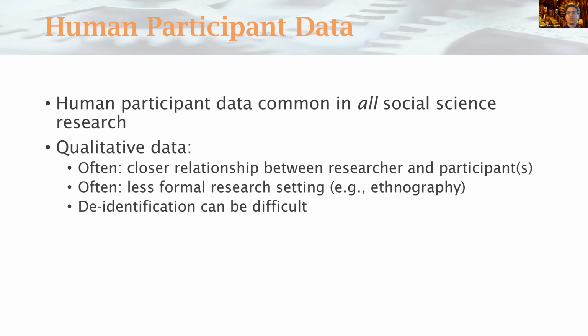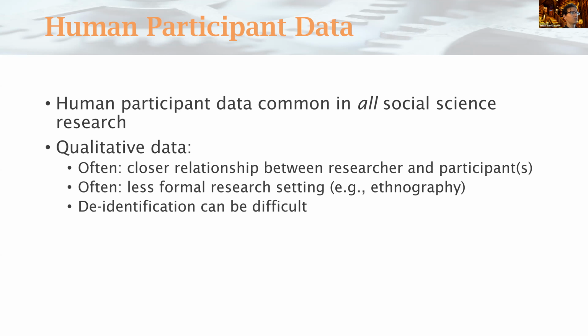There was a relationship of trust that's very different from, say, the more detached relationship between a survey designer, who's kind of two steps apart from the person who actually answers the survey questions.